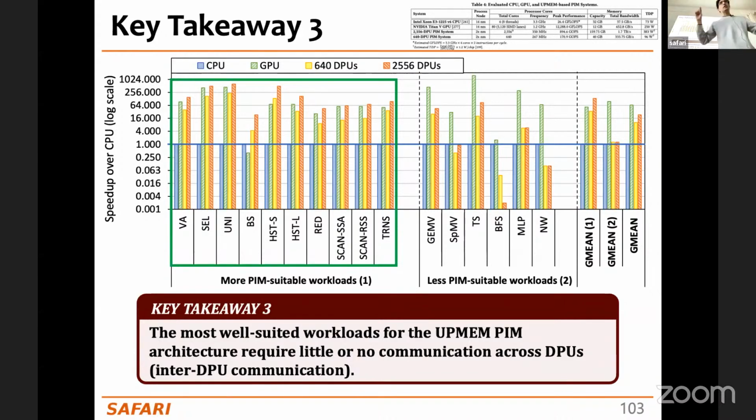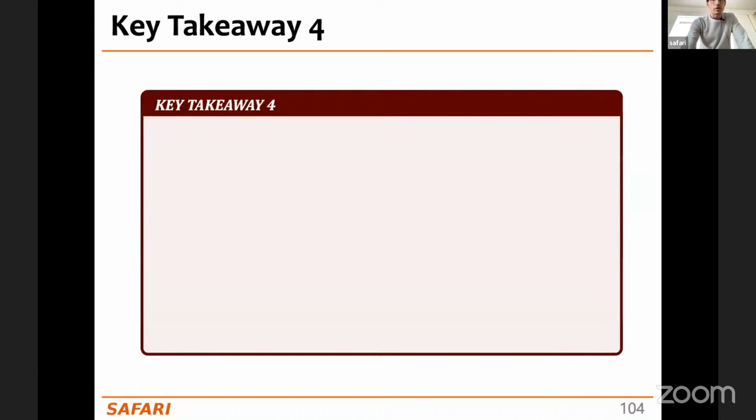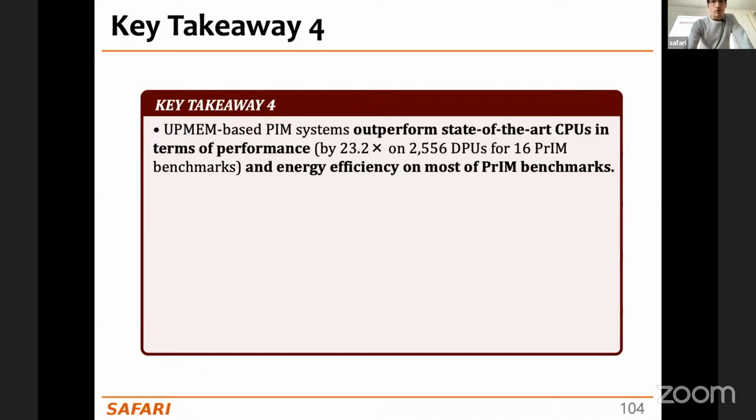The reason is that there is no direct communication channel between different processors, even PIM cores, even if they are in the same chip. That's one clear limitation of this PIM system. It's something we can expect, because it's the first generation of this PIM system, and I'm pretty sure that in future generations we will see improved performance for sure.